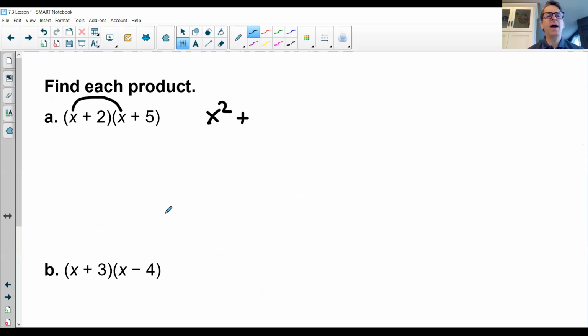Okay, then we're going to add the outer terms. If you remember FOIL, I'll just put the FOIL up here. The outer terms would be x and 5, or 5x. Next, I, inner terms.